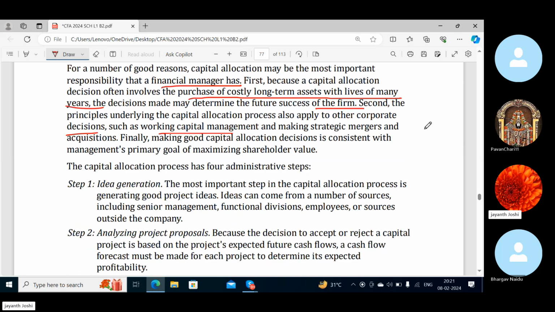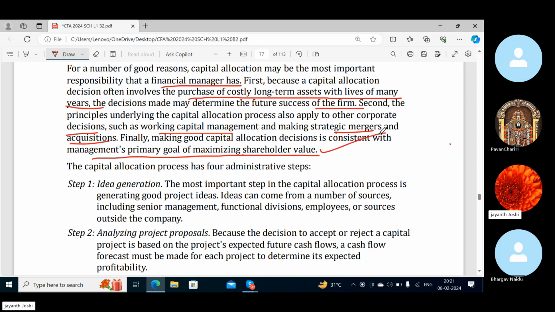You have to ensure that all the working capital requirements are fulfilled. Hence comes working capital management and making strategic mergers and acquisitions. Of course, that can also happen later in your company's life, after it becomes 10 or 20 years old. Finally, making good capital allocation decisions is consistent with management's primary goal of maximizing shareholder value.